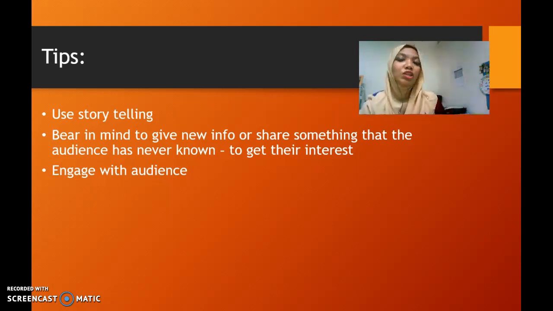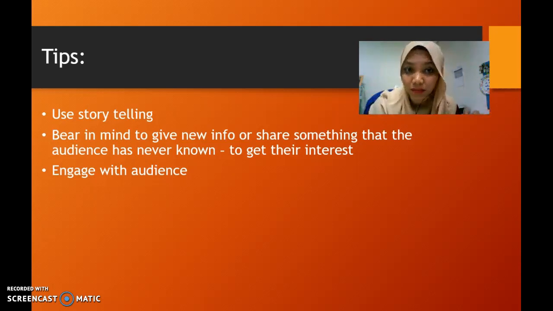And engagement. Giving a speech is very much about engaging with the audience. How do you get engagement? You ask them questions, you involve them with your discussion. You can ask questions like, can I see how many of you here have not taken your breakfast, for example. Or questions that are directly related to your topic.